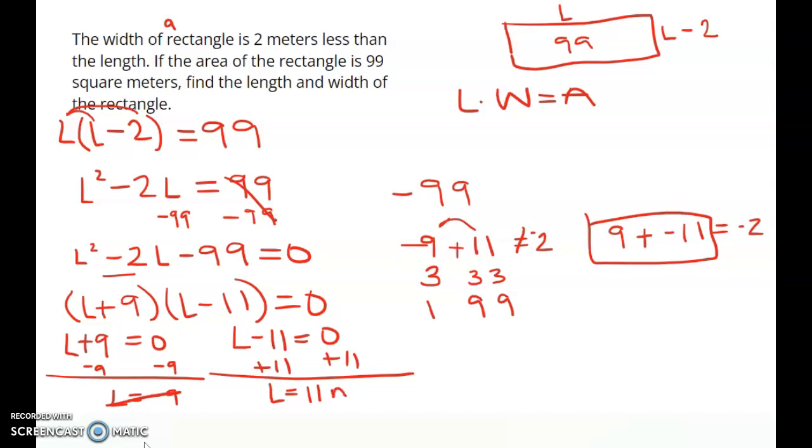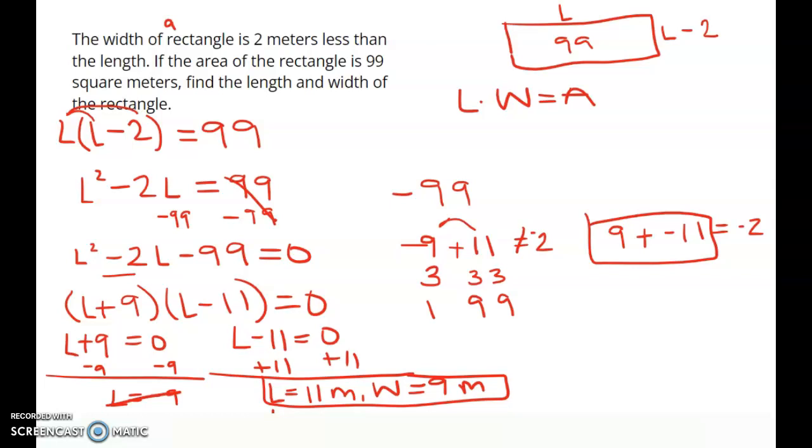So for this one we're going to have 11 meters for the length, and then to find the width we subtract 2. We know the width is 2 less, and so the width will be 9 meters. So that's where this negative 9 came in, but we need to make sure to use the correct one for the length and then the correct one for the width.